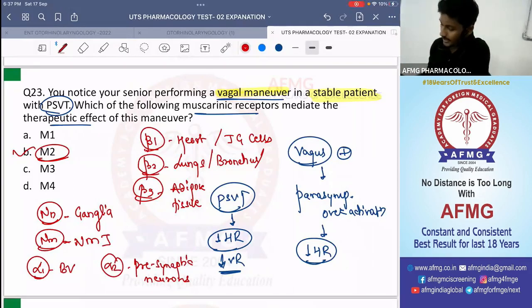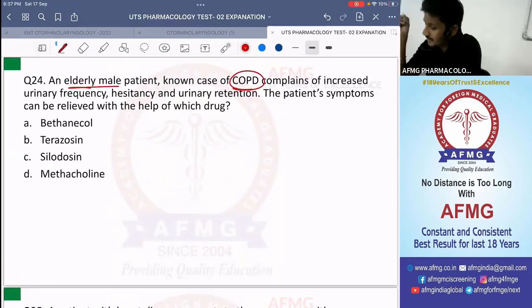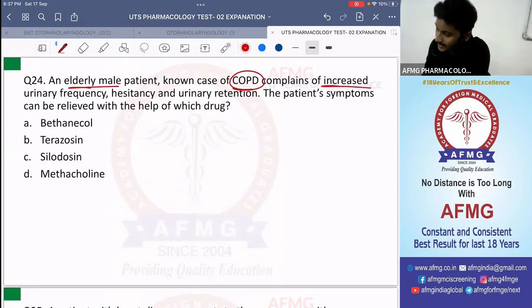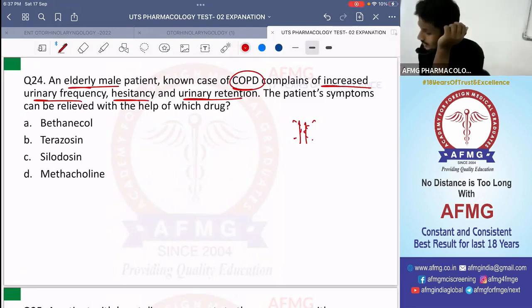Okay, let's move ahead. Question number 24. An elderly male patient, a known case of COPD, chronic obstructive pulmonary disease, complains of increased urinary frequency, hesitancy and urinary retention. When will this happen? When the urethra of the patient is narrowed down. Why? Because pressure is being applied by a hypertrophied prostate.